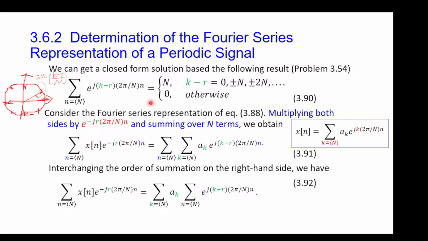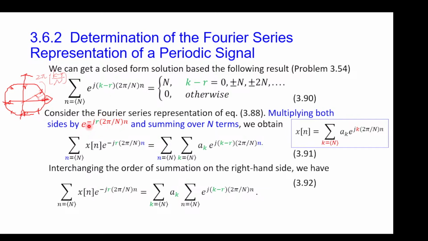We're jumping ahead a little bit. This is the equation we'll use, and we go back to our Fourier series. We have this Fourier series representation: x of n equals the summation over k of a_k e to the j k omega naught n, and we want to find a_k. Just like in the continuous case, we multiply this by another complex exponential with a different frequency, which we call r.